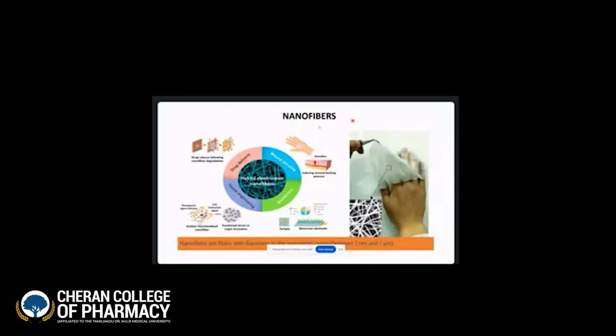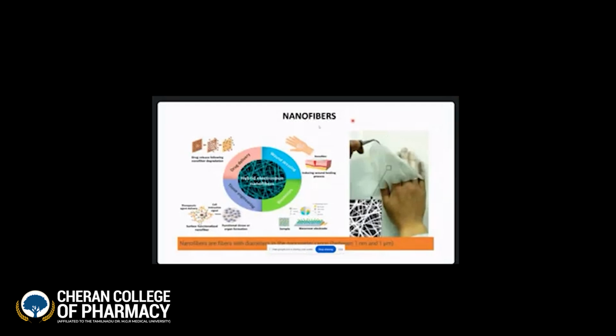Next, another example. You can see estradiol and polyurethane dextran nanofiber. This type of nanofiber shows significant, more than 95% wound contraction. As I said, not only phytochemicals, we can load any extract. Any epidermal growth factor you want to load, you can load.